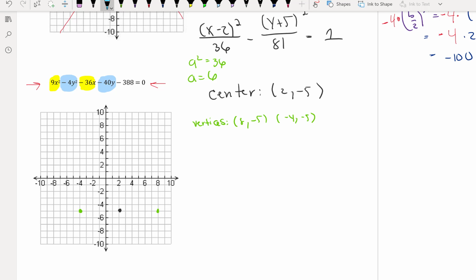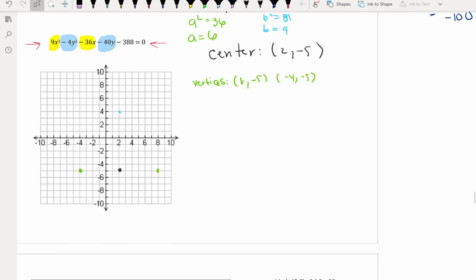The next thing that I have is my b squared is equal to 81, so my b is equal to 9. So from the center, I'm going to go up 9. 1, 2, 3, 4, 5, 6, 7, 8, 9.